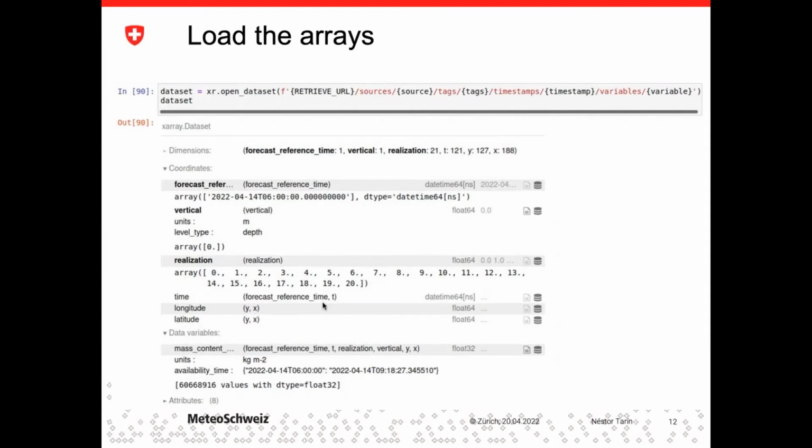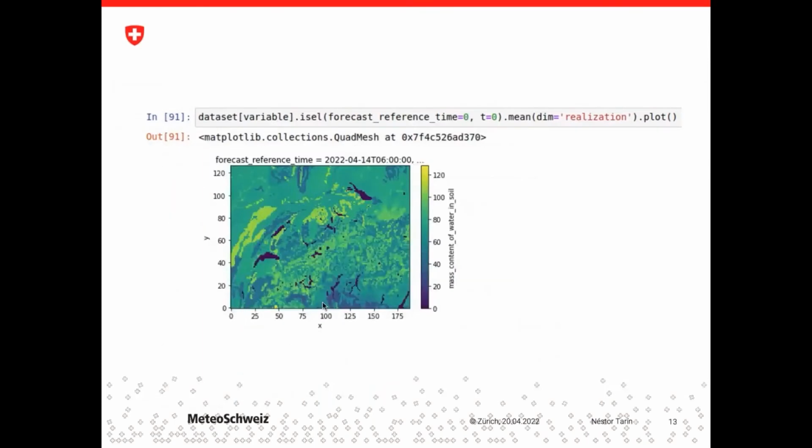In this case, this open dataset will call the endpoint. xarray supports the OpenDAP protocol, and at the end we get such a dataset. This is the outcome, and now that the dataset is loaded, we can plot it and do anything we want.